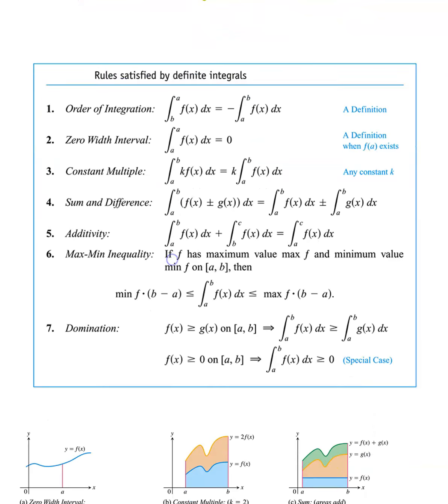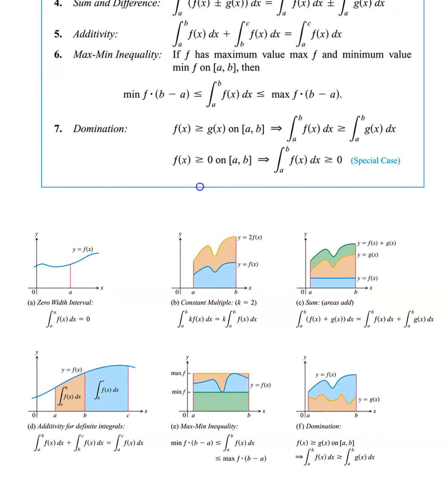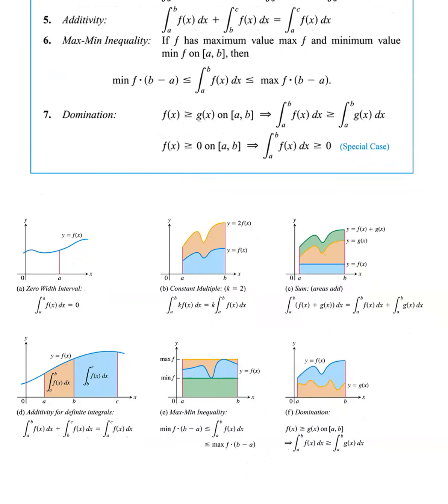I have some pictures here to depict these rules. As you can see, for the zero width rule or interval, you did not move from a anywhere else, so you did not really span any area, so the area is 0. Constant multiple, here's an example of how the blue graph is f of x and the yellow graph is 2 times f of x.